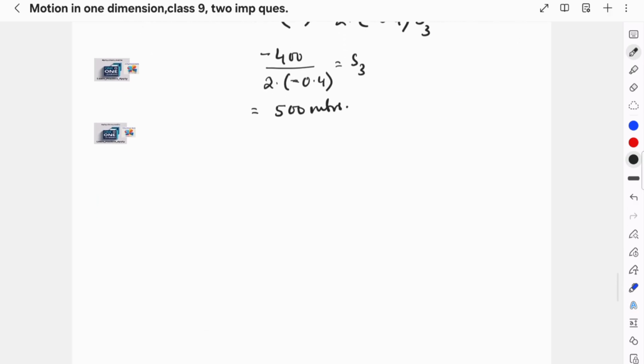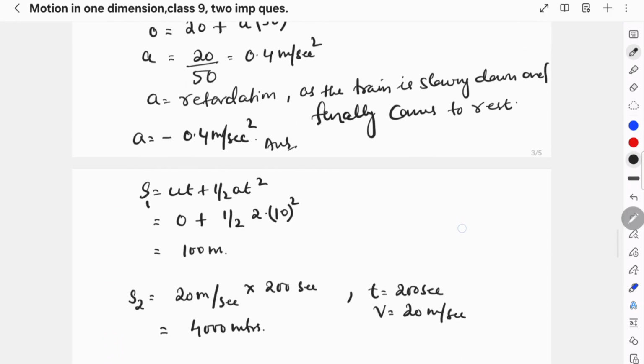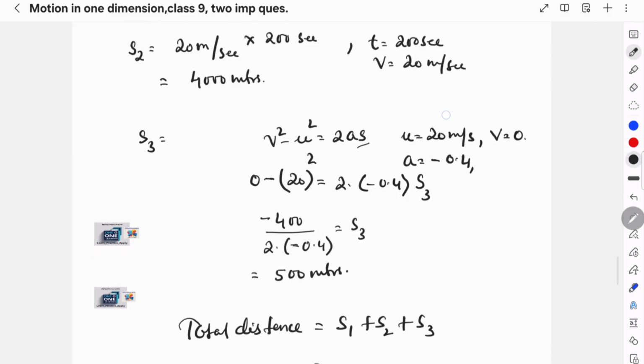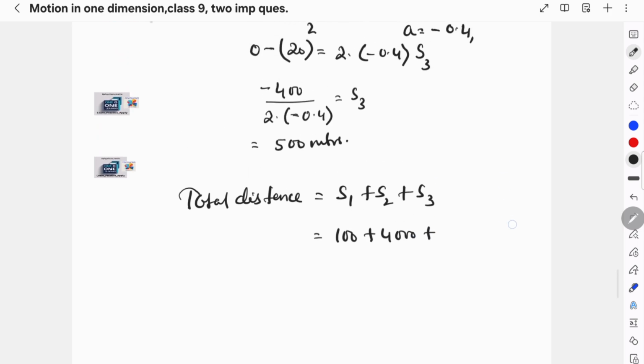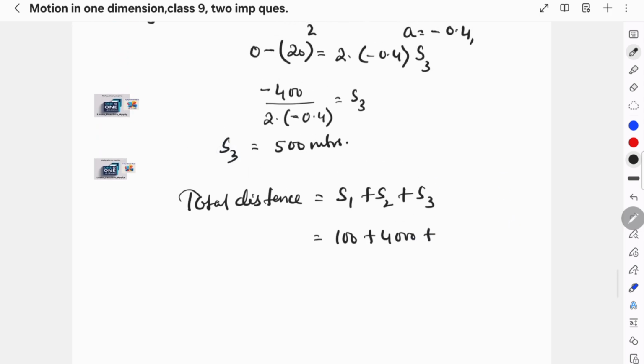Now let us add S1, S2, S3 and get the total distance. Our total distance will be S1 plus S2 plus S3, which is 100 meter plus 4000 meter plus 500 meters.